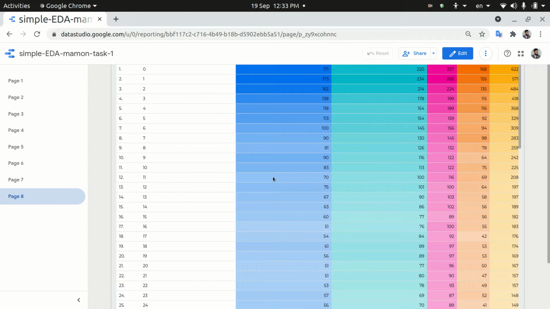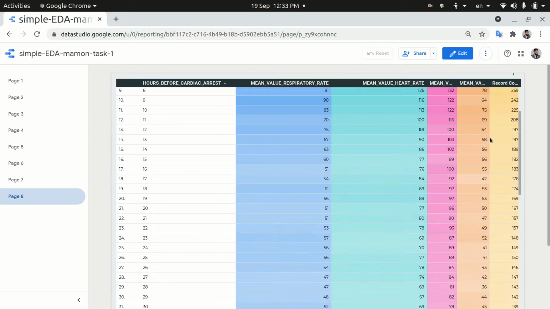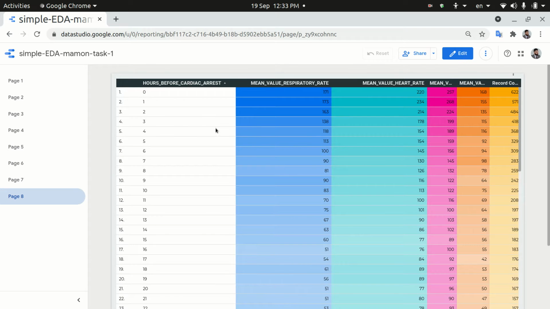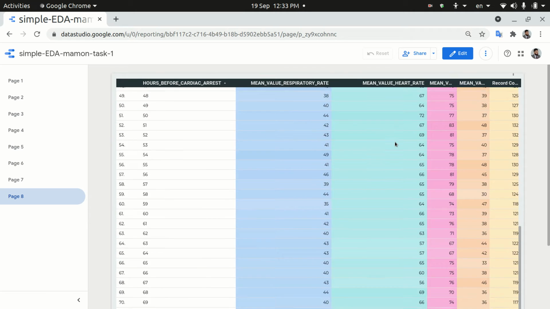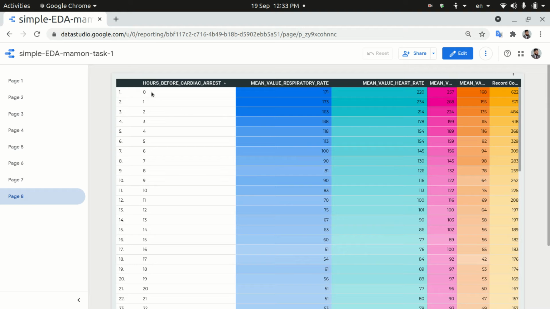Now moving on, to see the gap between the values, we are taking only the case group, the cardiac arrest. When the arrest happens at time 0, as you can see, this is the heart rate reading, the mean value for the heart rate, and the respiratory rate.